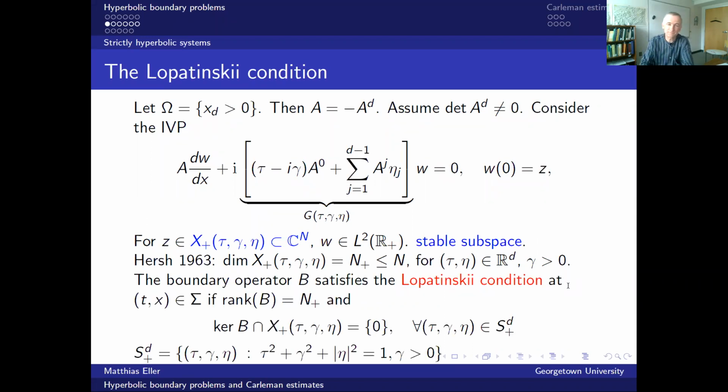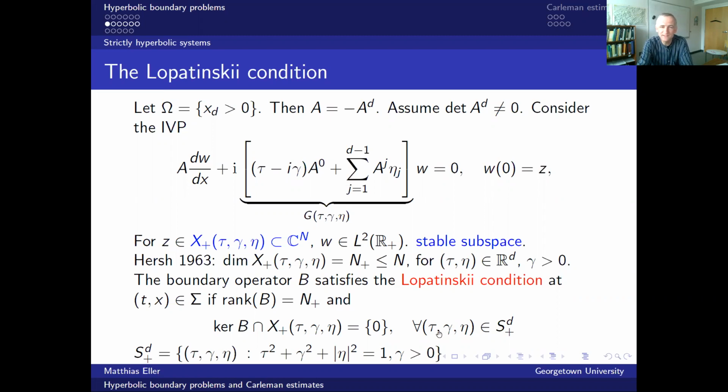Then, furthermore, he said the boundary condition satisfies the Lopatinskii condition if its rank is equal to the dimension of this space and its kernel intersected with the space is just 0. That means essentially I can control all the exponentially decaying solutions with the boundary operator instead of choosing initial conditions.